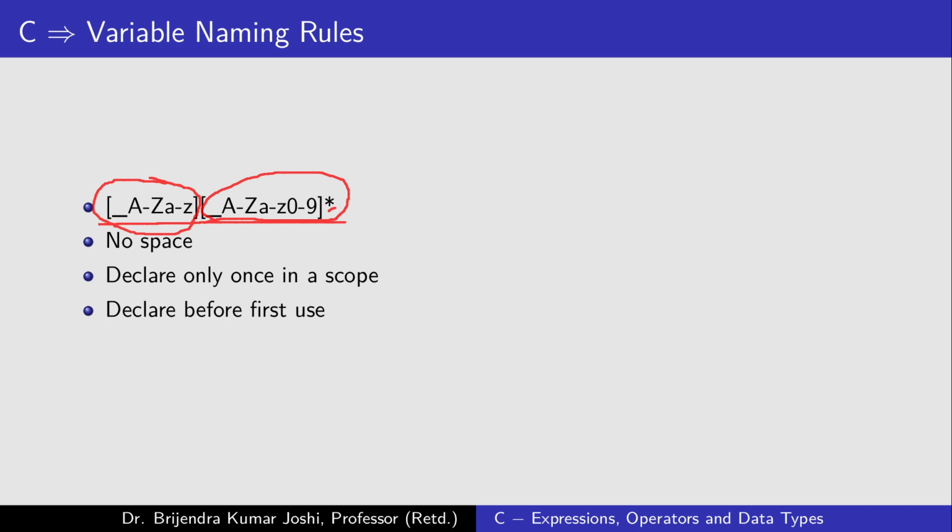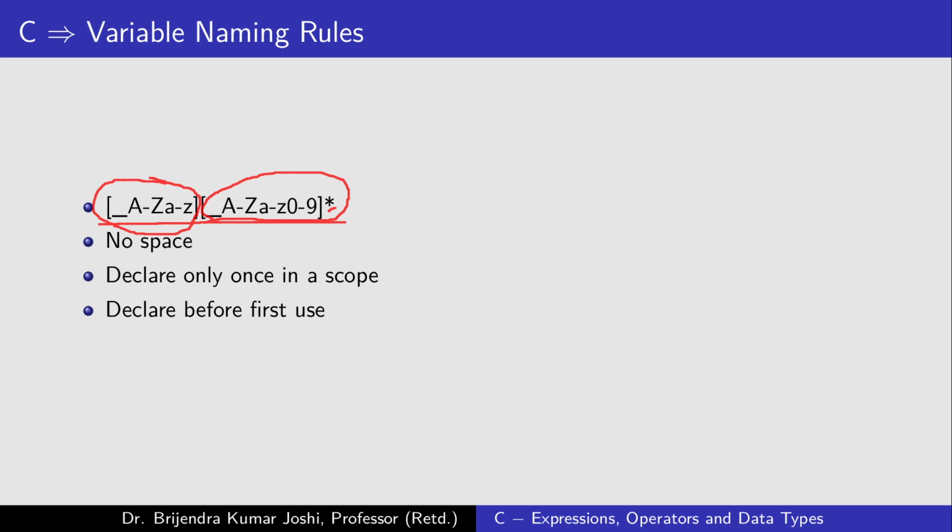What does it mean? Any string of any length including 0 length made up of underscore, 26 uppercase letters, 26 lowercase letters, and 10 digit symbols. So any string including null string. So this is the rule for naming any variable in C programming language.